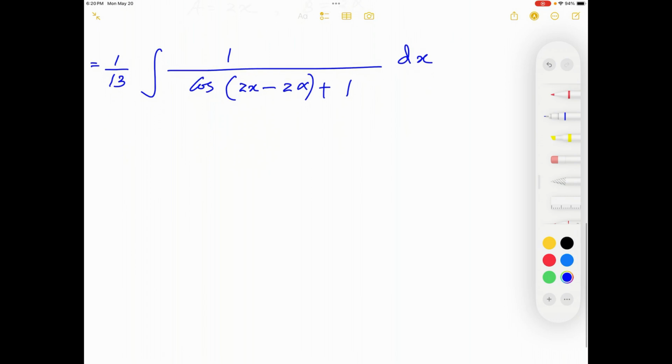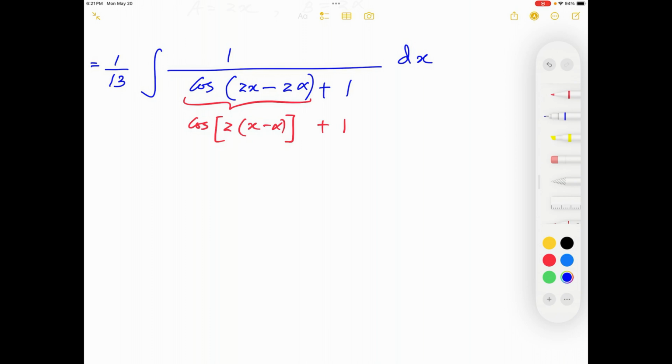Alright, now when you look at this first part of the denominator, I can actually factor out a 2 from inside the parenthesis. Then I can write this first term as cosine, I will open bracket, 2 open parenthesis x minus alpha, close parenthesis, close bracket. In addition to that, I have this plus 1 in the denominator.